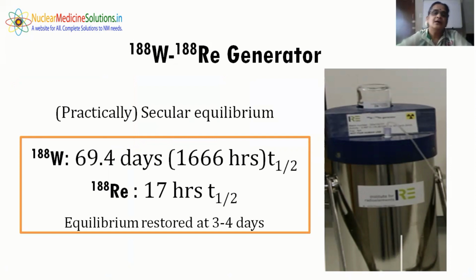As you can see here, it is 69.4 days for tungsten, the parent radionuclide half-life, while the half-life of rhenium-188 is 17 hours, and the equilibrium restoration period is around 3 to 4 days, the half-life of rhenium-188 being so long.